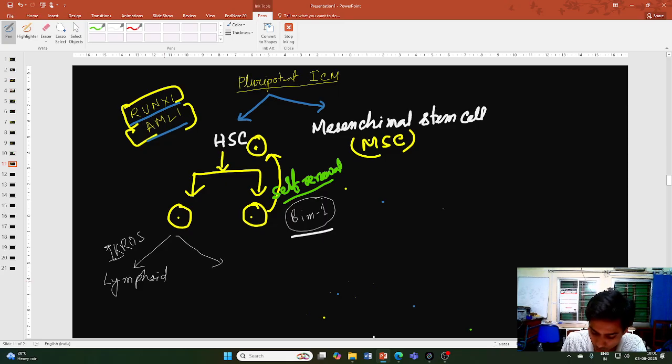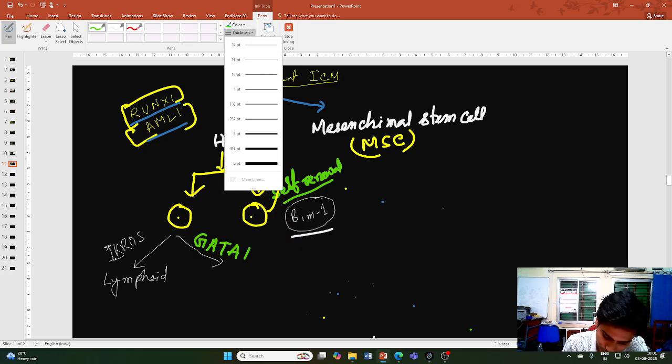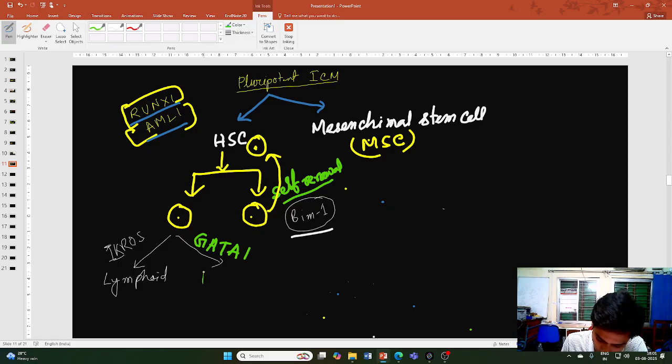Another will be myeloid. For myeloid, the major gene is GATA1, and it changes to myeloid. One will be lymphoid differentiation, another will be myeloid differentiation.